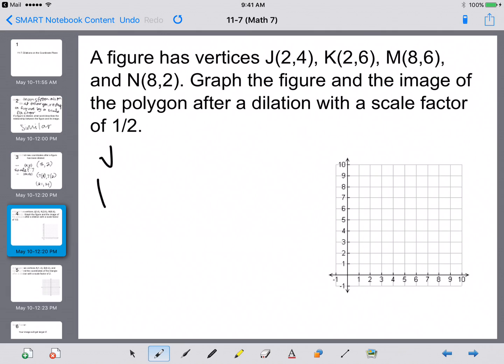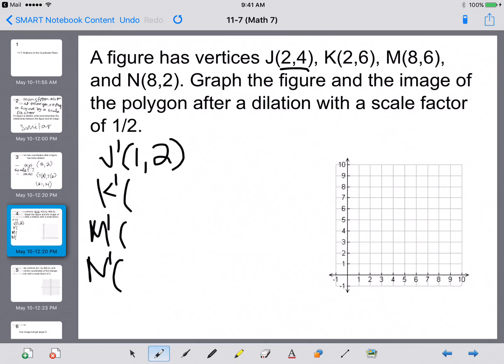So we've got J, K, M, and N. And since it's 1/2, that means we are going to take 1/2 times 2, which would be 1. So our new values, we're going to take 4 here, times 1/2, which is 2. 2 times 1/2 again is 1, and 6 times 1/2 is 3. 8 times 1/2 is 4, and 6 is 3 again, and 8 is 4, and 2 is 1.